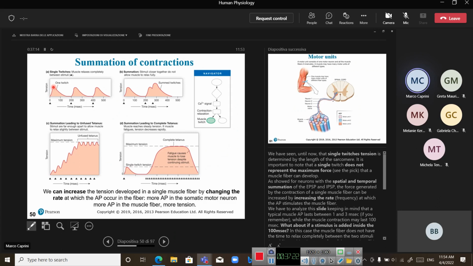So it is important to note that a single twitch does not represent the maximum force. It's quite obvious. The peak here in the tension is not the maximum force that a muscle fiber can develop. Okay? Why?